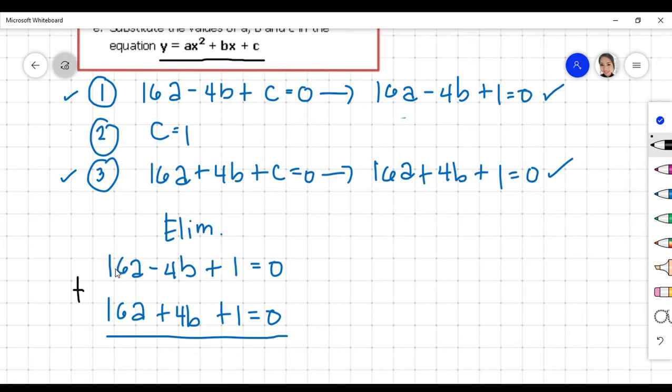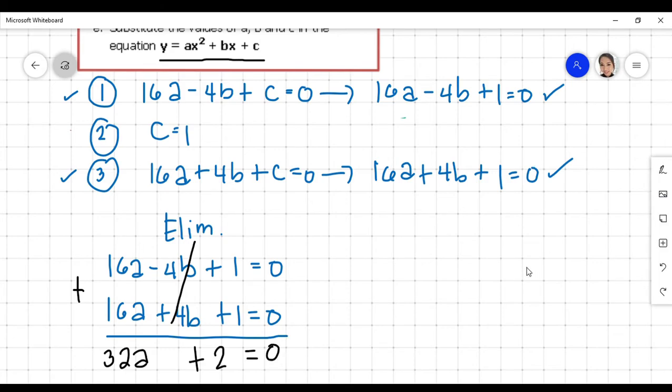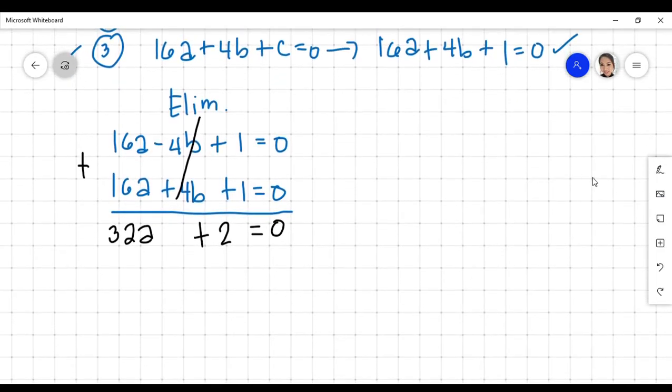So adding them, 16a plus 16a, that is 32a, and -4 plus 4, that is 0. So that's why b is eliminated. And then plus 2 equals 0. So solving for a, we have 32a equals -2.